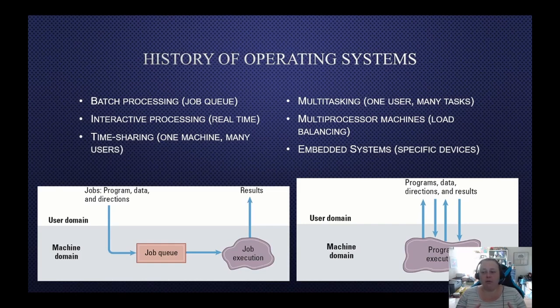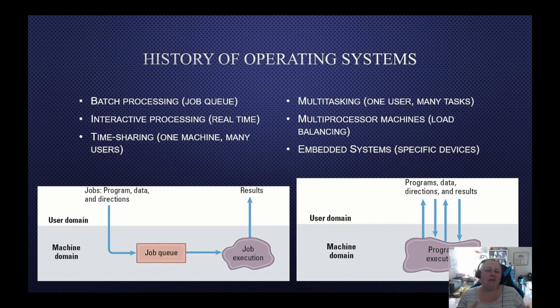The job queue basically organizes the jobs to be executed. Early job queues organize the jobs by first in, first out, or what we call FIFO. This means the jobs were run in the same order as they were loaded into the machine and into the queue. Now, batch processing had no monitoring from your user. It's just set and go.